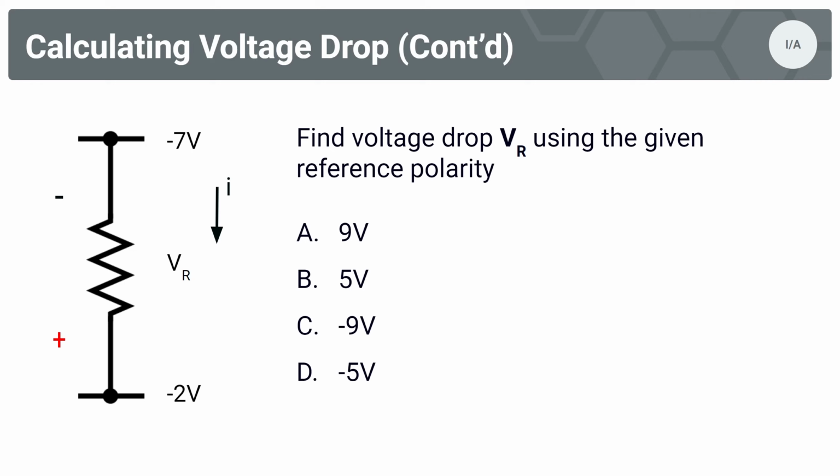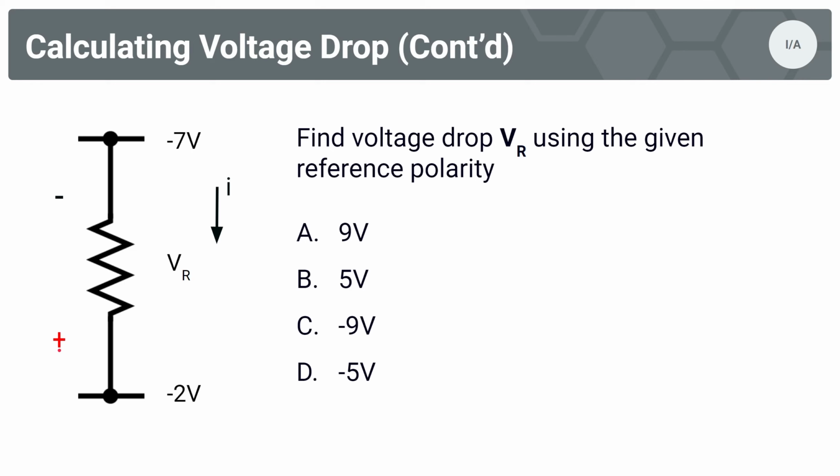All right, let's discuss the answer. So again, the first step is to determine the sign of the voltage drop. Remember our two rules. In this situation, we have current flowing from the negative to positive terminal of the voltage drop's reference polarity. If current flows from negative to positive, we'll take the sign of our voltage drop to be negative.